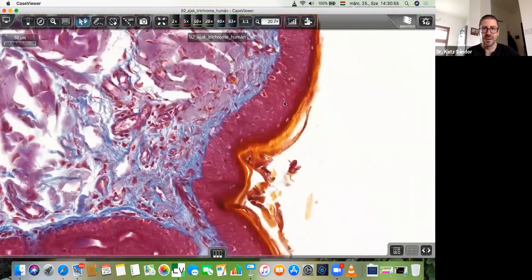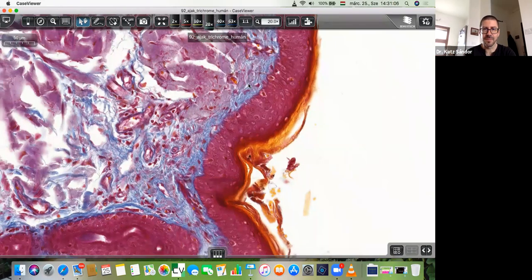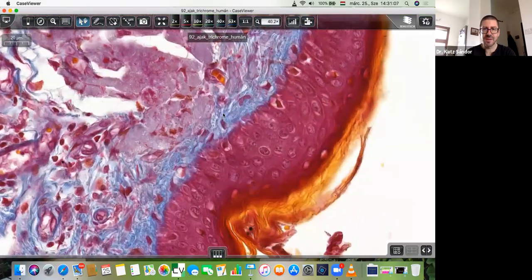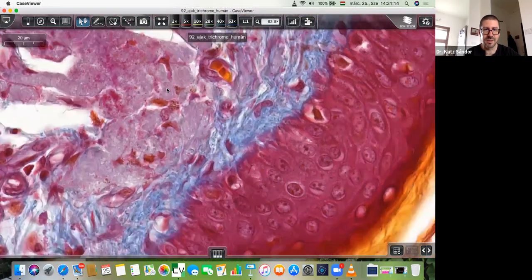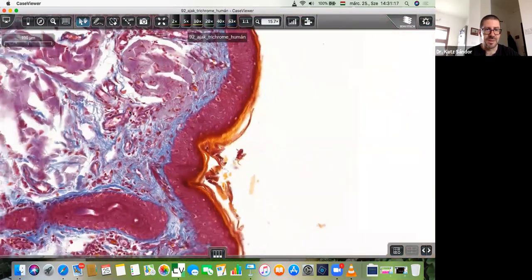And you remember I said the trichrome stains the connective tissue fibers, and usually they appear in bluish color. So these fine structures are fine reticular fibers and collagen fibers, but the coarse collagen bundles are a little bit deeper.